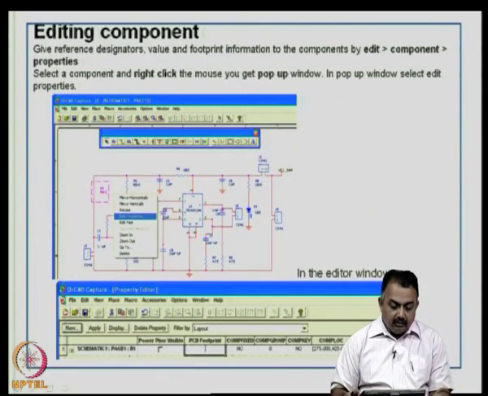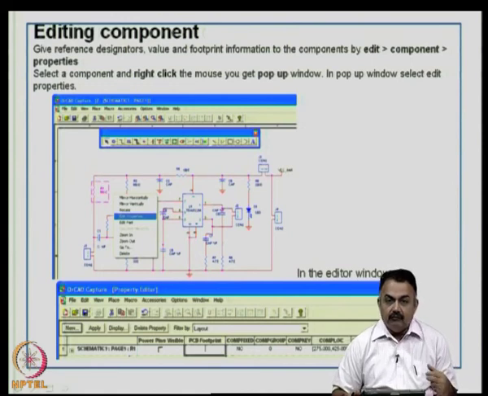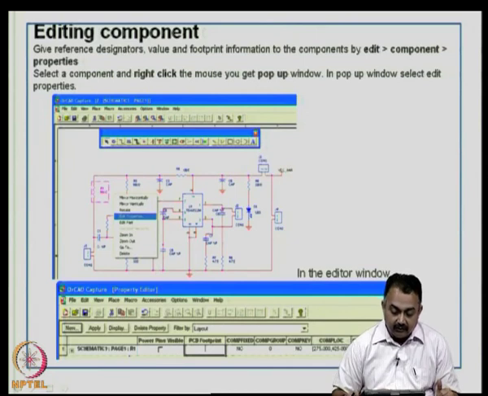Now, editing component, when do you require this? The reference designators, value and footprint information to the components can be given by invoking the edit manager or the edit library tool in your particular software, going to the particular component and looking at the properties.